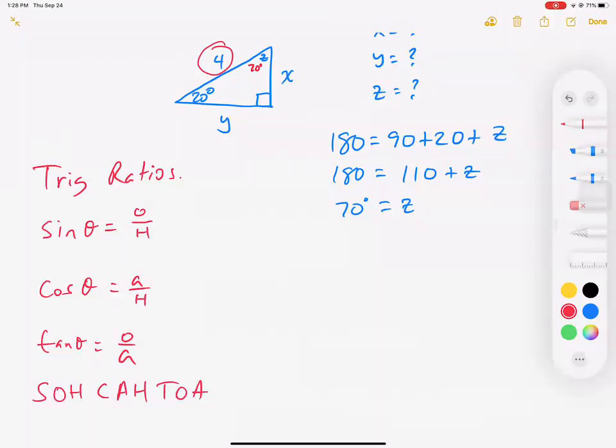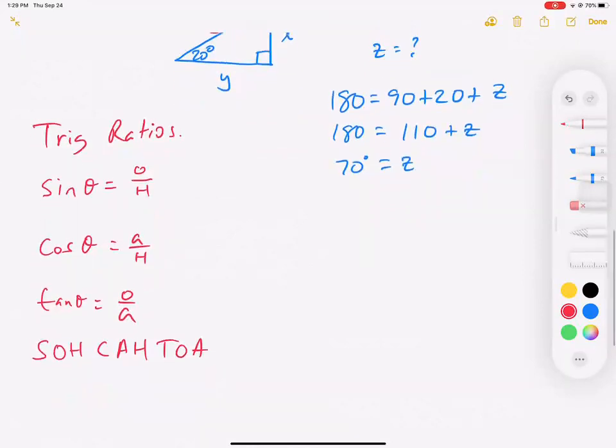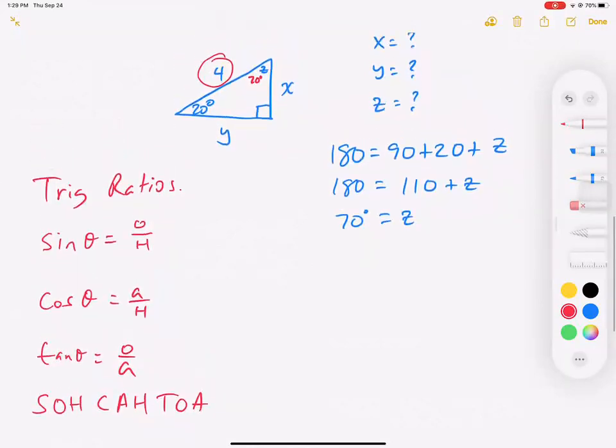And remember, this is Pocahontas's cousin, SOHCAHTOA. Princess Pythagoras. So SOHCAHTOA here, we're going to use this as our starting point to find our missing sides.